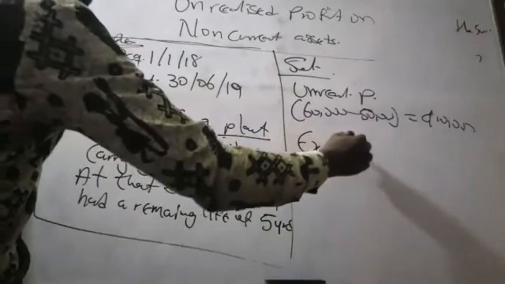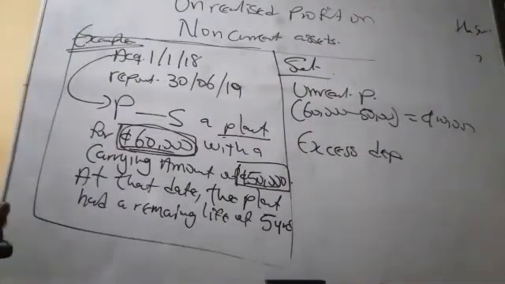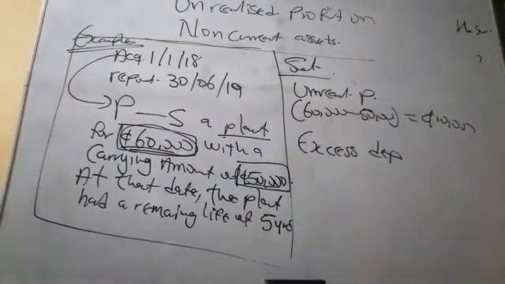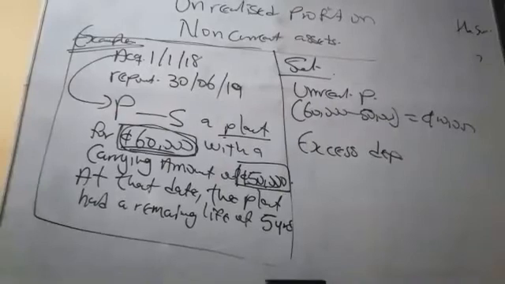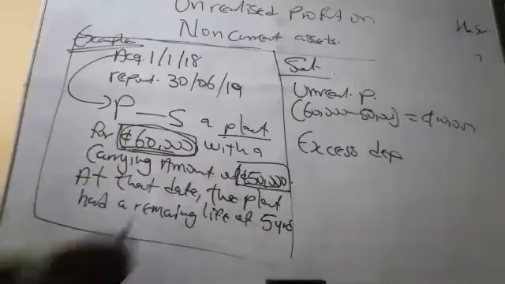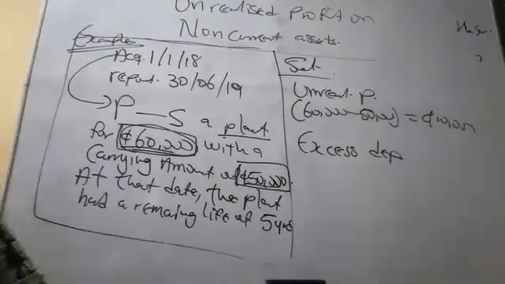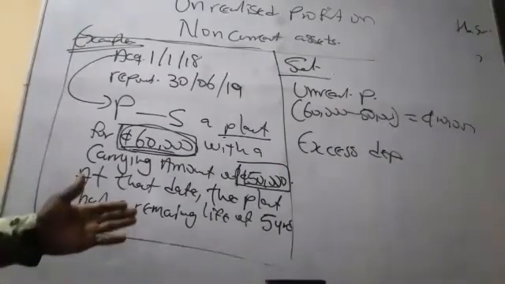With the excess depreciation, I use a long approach and give it a shortcut. So first, calculate the unrealized profits, which is equal to the profit made by the parent. He sold it for 60,000, but the carrying amount is 50,000. Here, this one is coming from IAS 16. How do you find profit or loss on disposal? Proceeds less the carrying amount. The same thing here. Good.